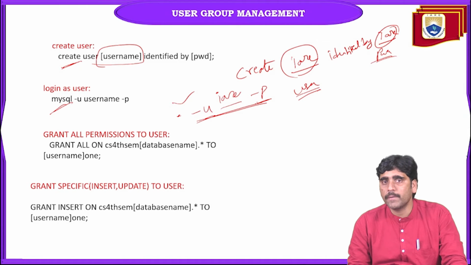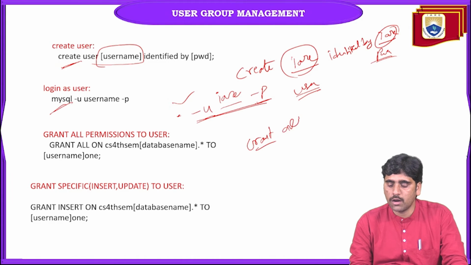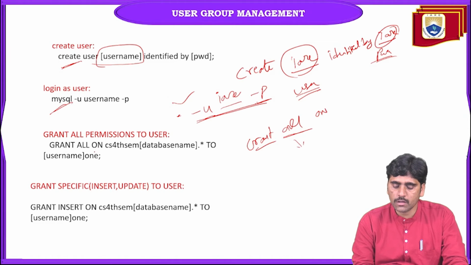Next, how can we apply permissions to the user? GRANT ALL is the grant command. ALL indicates all the permissions on the database name.